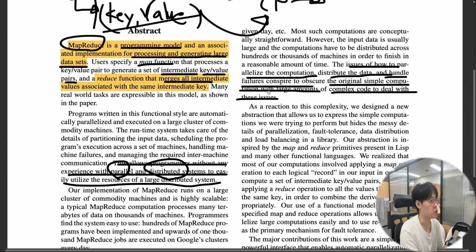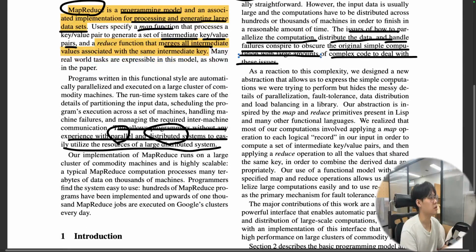And to solve this kind of issue, there's the MapReduce logic. It explains a lot on why we have to use MapReduce.